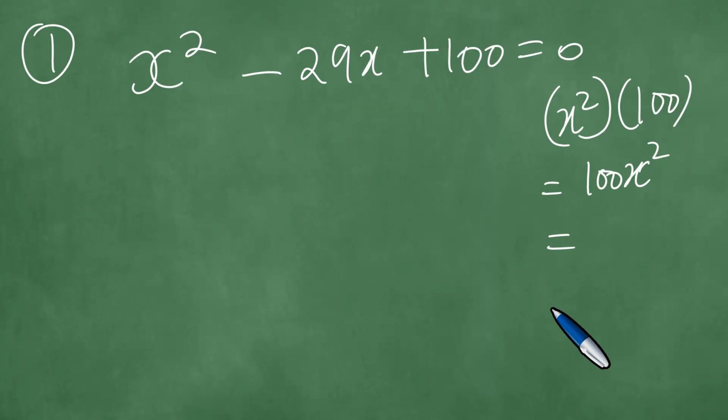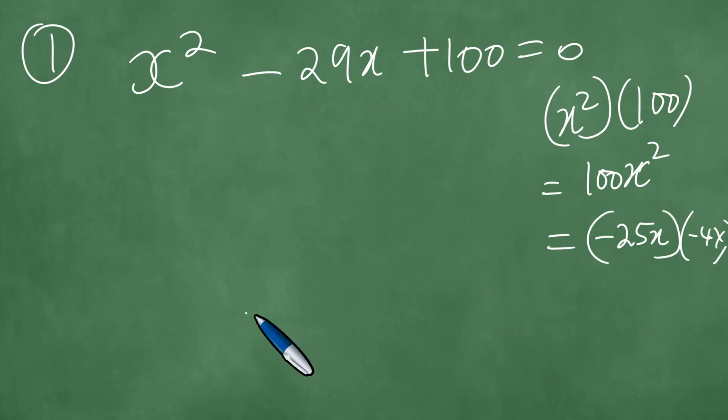Okay, I'm sure you've already guessed this and said, okay, they are minus 25x, minus 4x, like this. Okay, because if you add them, minus 25 and minus 4, they give minus 29. But when you multiply minus 25x and minus 4x, they give you 100x squared.